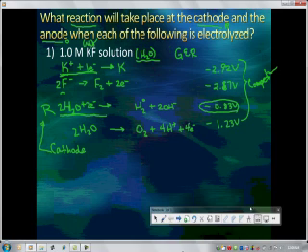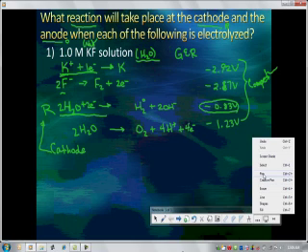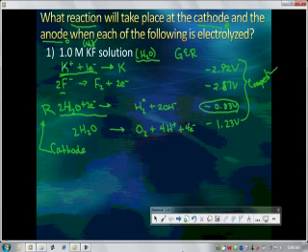Okay, so now we've got to figure out what's the best oxidation reaction. So where the electron's being removed, we're going to decide which of these 2 is a better predictor of what's likely to happen in this oxidation reaction. So we're looking at these 2 reactions, the fluoride and the oxygen. We're again looking for the more positive of the 2 values.